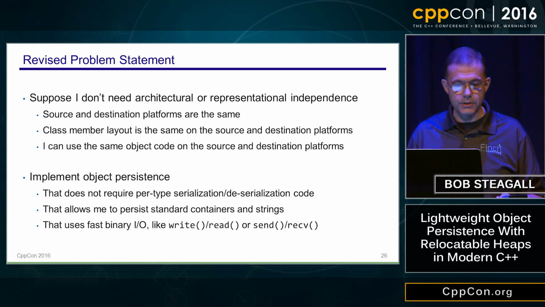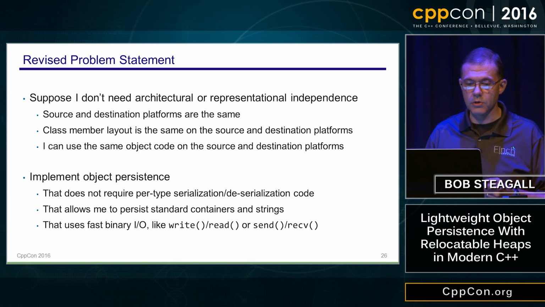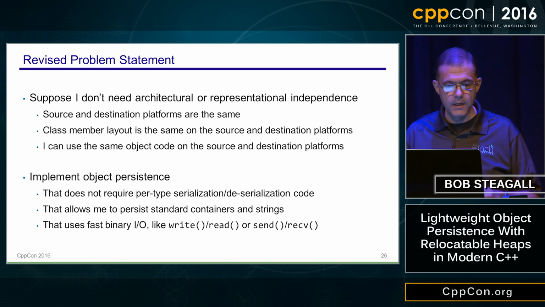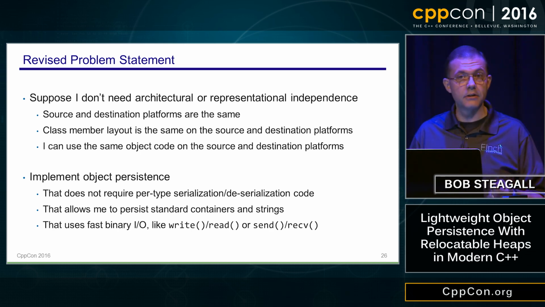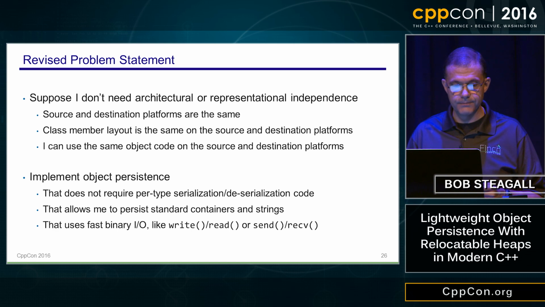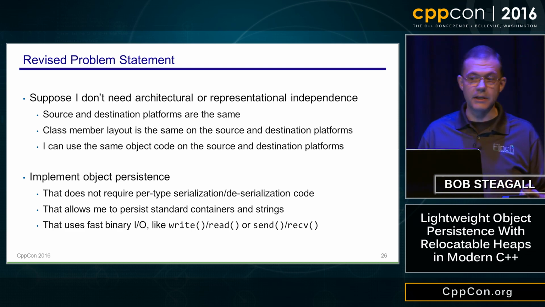If I make these assumptions, can I now implement a form of object persistence that does not require any sort of per-type serialization or deserialization code, that allows me to persist standard containers and strings and be able to use standard algorithms on the destination objects after deserialization, and that uses fast binary I/O like write and read or send and receive? Clearly, we can do some of these things now.